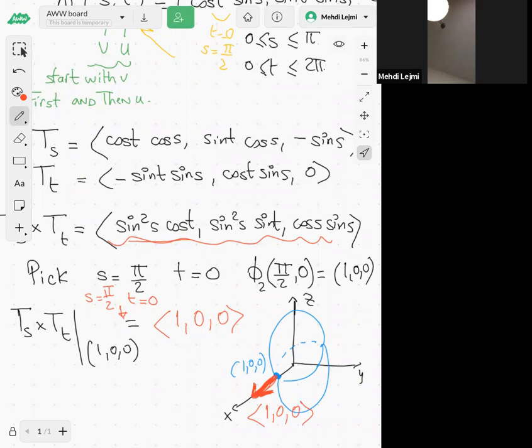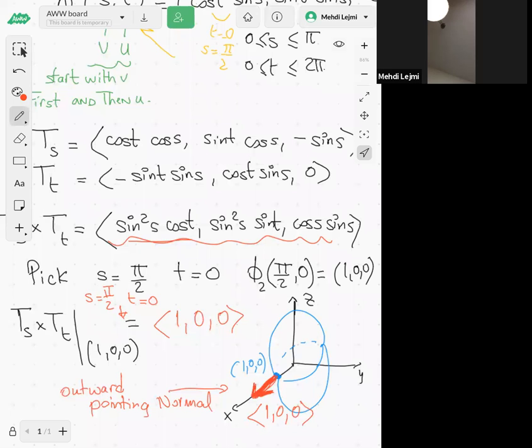And in this case, it will be an outward pointing normal, and that's exactly what we need, right? We need an outward pointing normal. So you see, guys, when you switch the order of the parameters, you can reverse your orientation, okay?